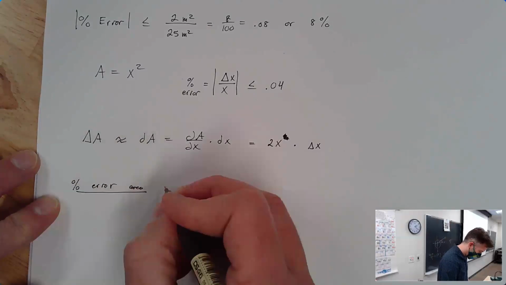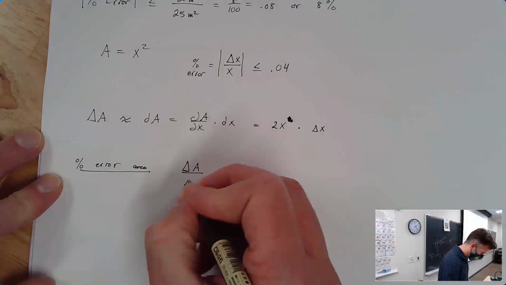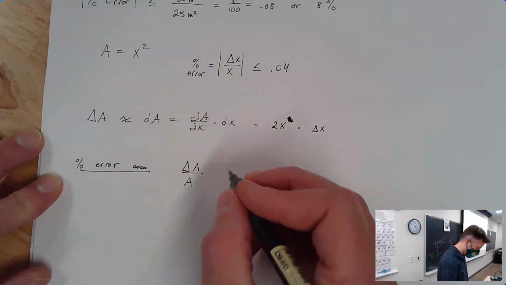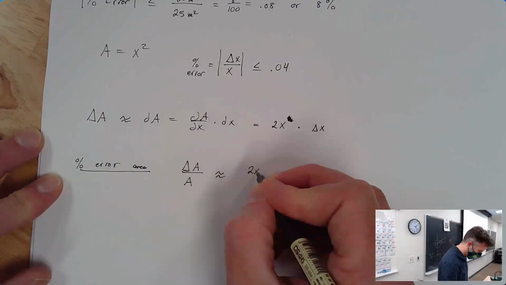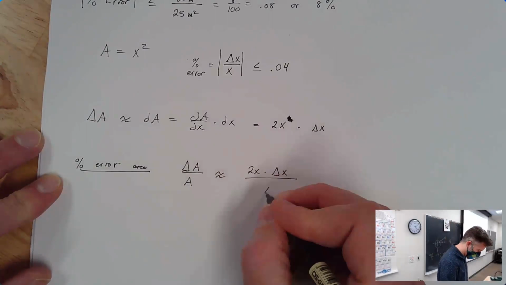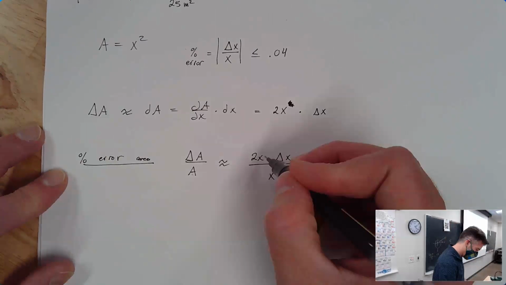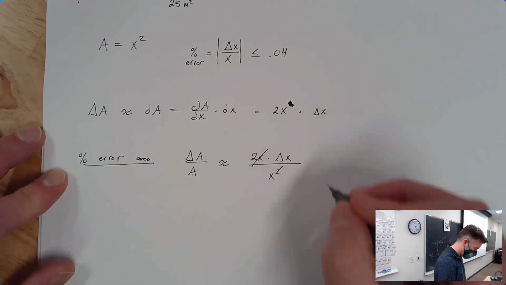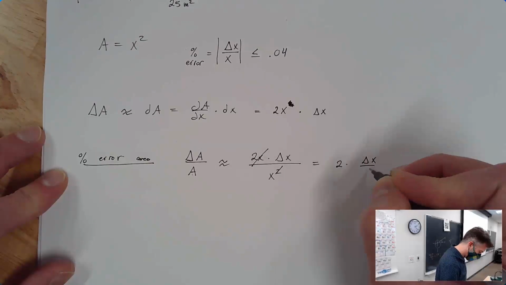That's going to be your delta A divided by A. Which is approximately going to be your 2x times delta x divided by your area, which is x squared. And look what happens. You can cancel an x there, and we've got 2 times delta x over x.